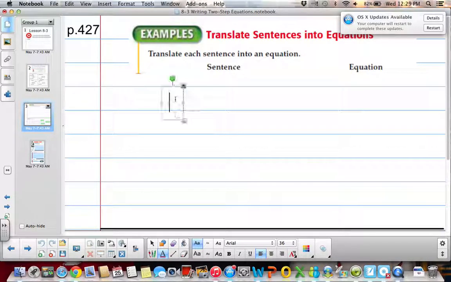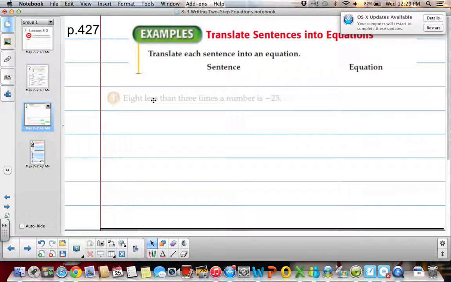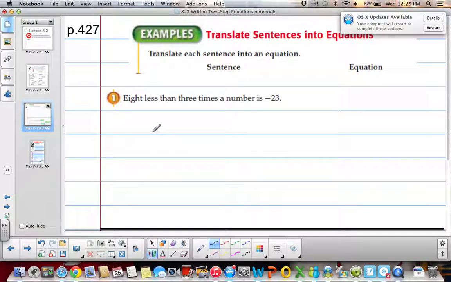Okay, so if we have the sentence, "8 less than 3 times a number is negative 23." First of all I'm going to underline some important keywords.